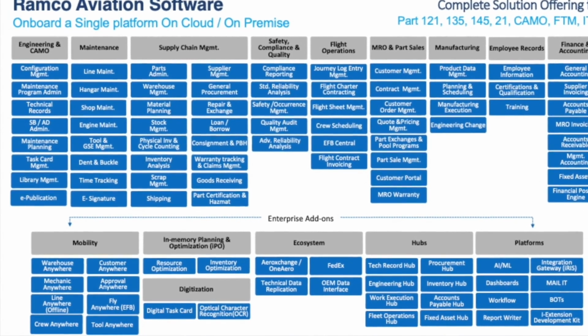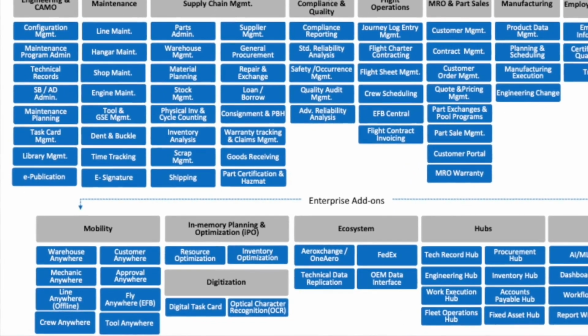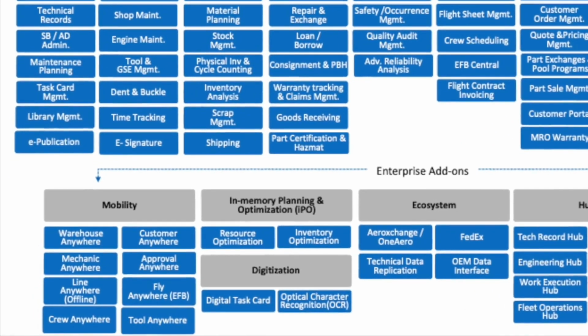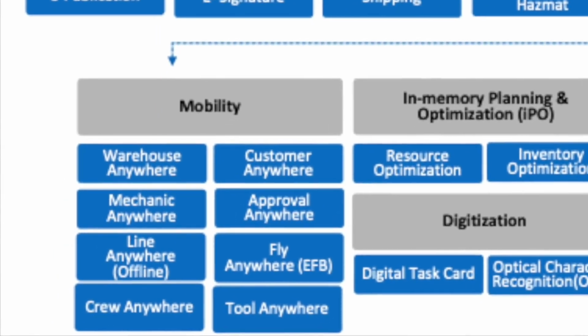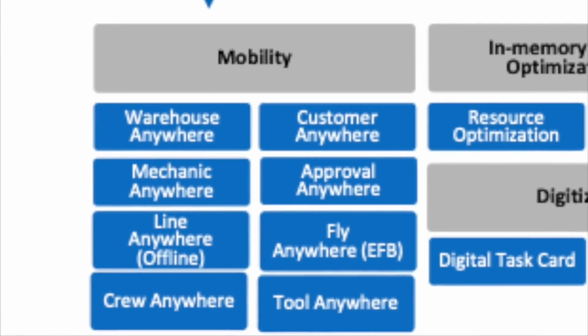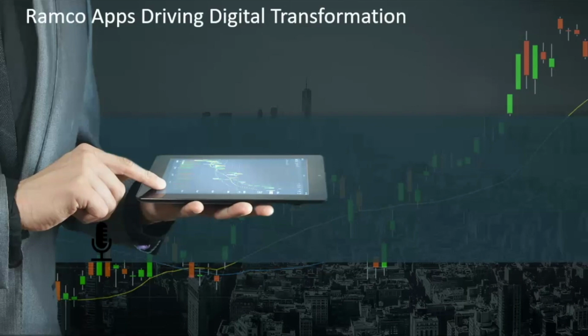In addition to the core platform, there are numerous enterprise add-ons like mobility that can radically transform the way an ERP is used in a challenging industry like aviation. Ramco's mobile suite of apps consists of the following.